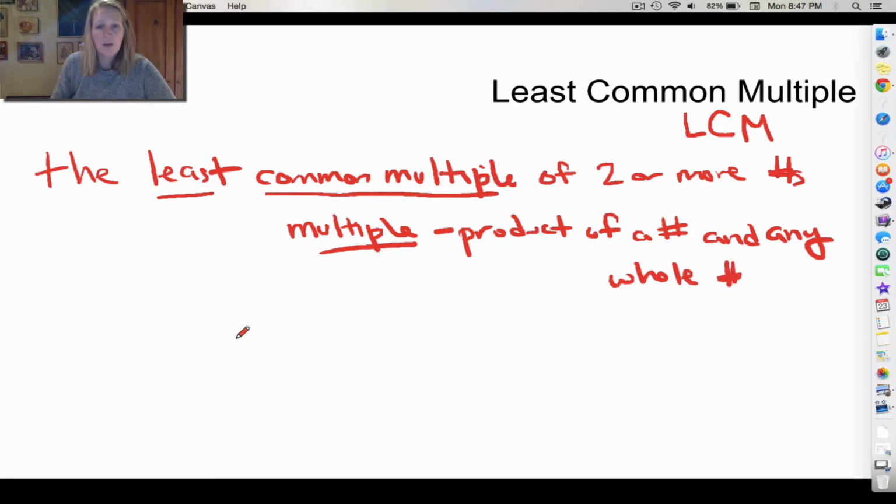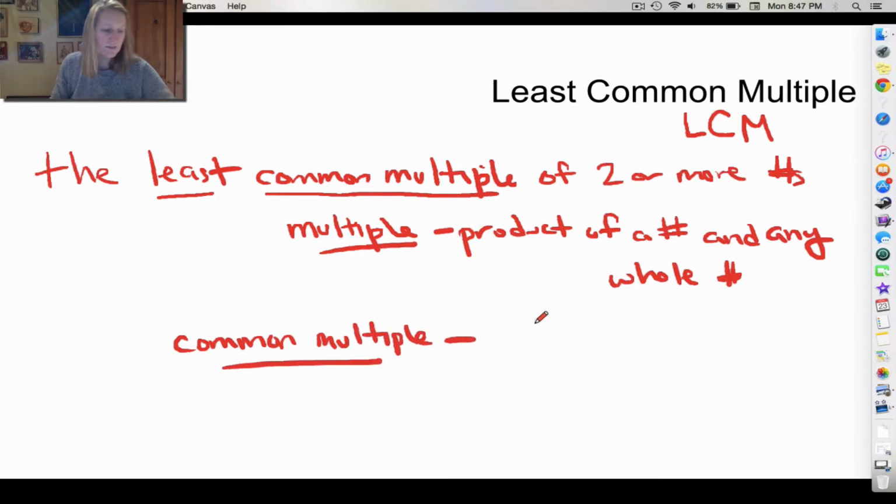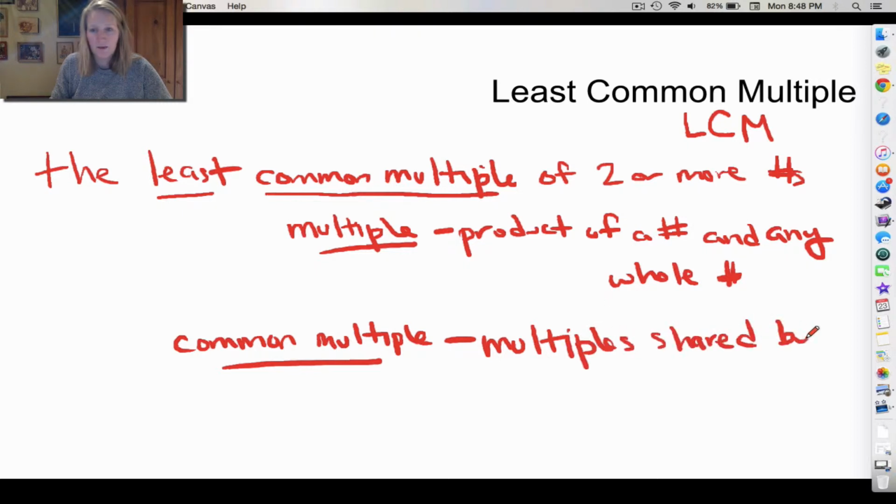A common multiple is defined as multiples shared by 2 or more whole numbers.